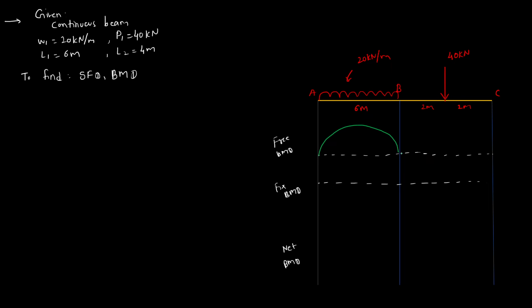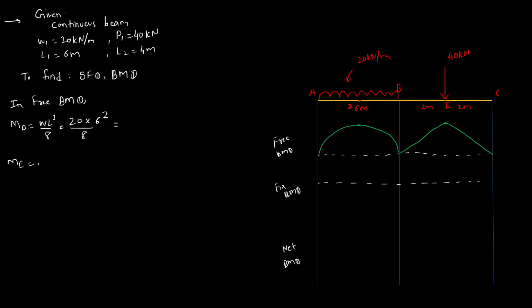Here there is a point load, hence the shape will be triangle. Now the next point is to find out the heights of this parabola and triangle respectively. We'll mark here point D and this is point E. In the free bending moment diagram, moment at point D for UDL is WL square by 8, so 20 into 6 square by 8.